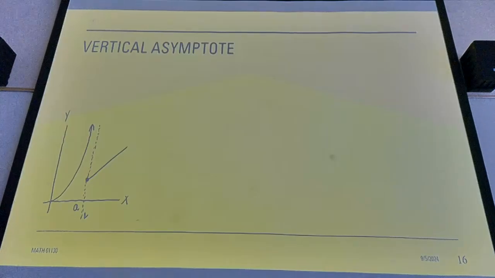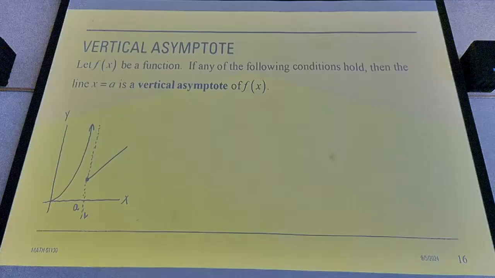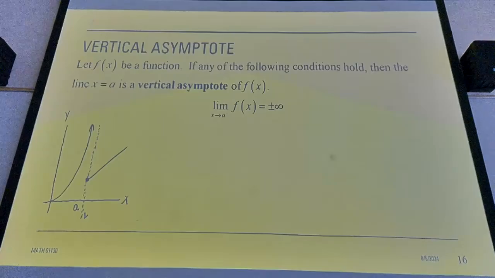Let f of x be a function. If any of the following conditions hold, then the line x equals a is a vertical asymptote of f of x. The limit as x approaches a from the left of f of x is either plus or minus infinity.